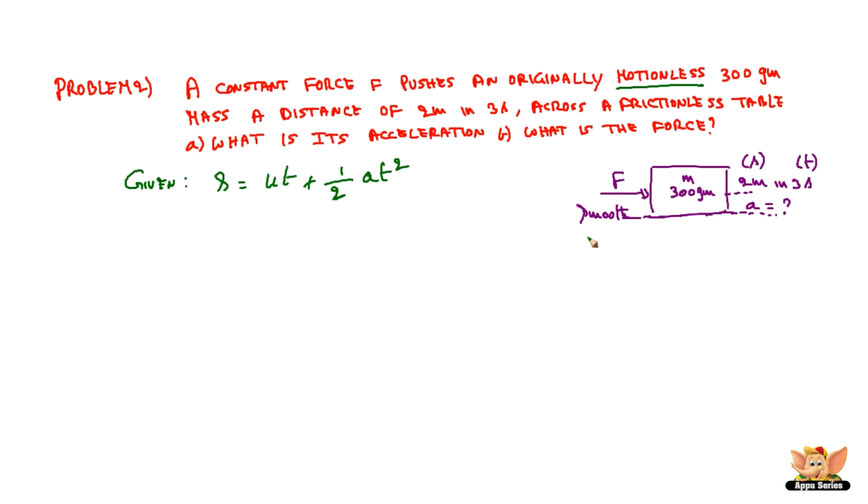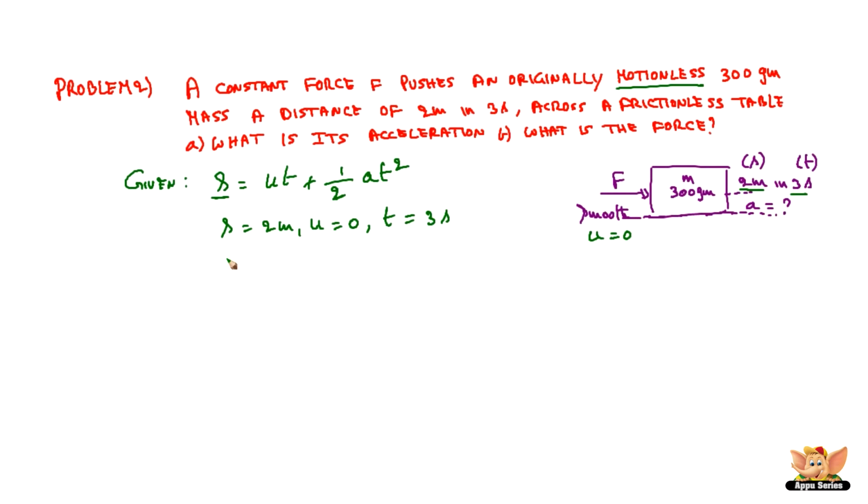That means u is equal to 0. U we know, and t we know, which is 3 seconds, and s we know, which is 2 meters. Hence, we can find a. So, applying the figures, s is equal to 2 meter, u is equal to 0, t equal to 3 seconds.